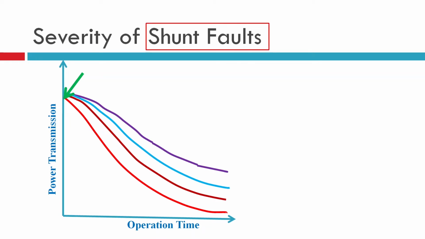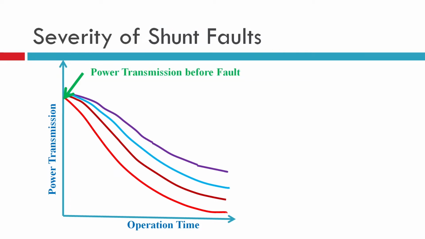Under this category, we usually consider line to ground fault, line to line fault, double line to ground fault, and three phase fault. Further, we divide them into symmetrical and unsymmetrical faults.